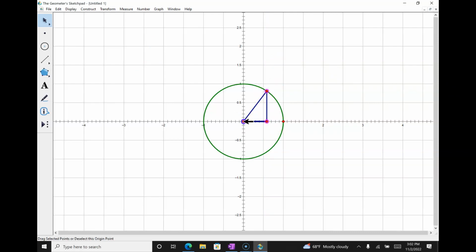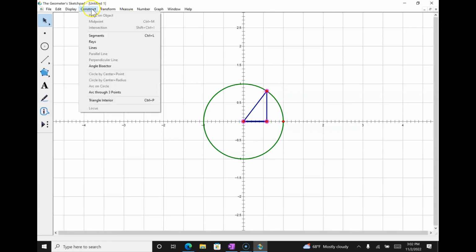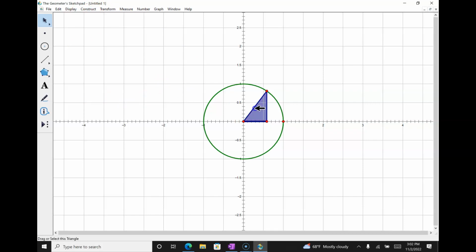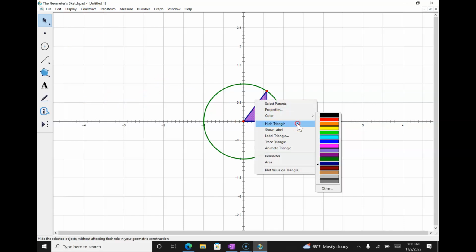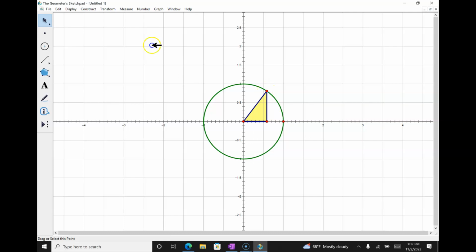I'm going to color in the triangle just for the heck of it. And you can see I'm looking at all of these triangles. That's what my trig is going to be based on. This particular right triangle embedded into a circle, where the hypotenuse is the radius of the circle. Okay?